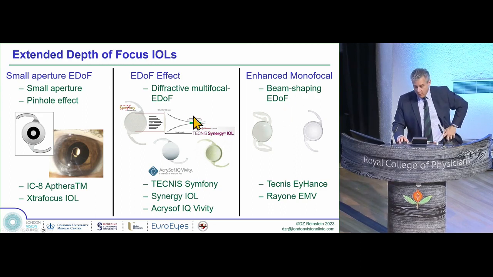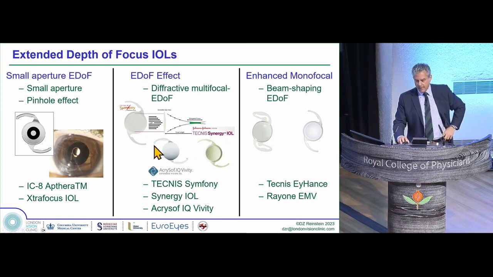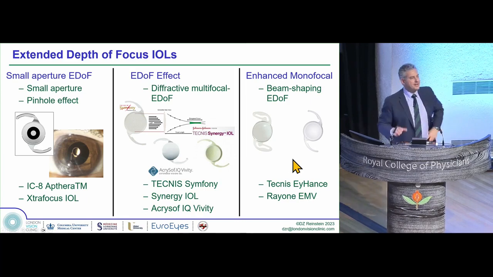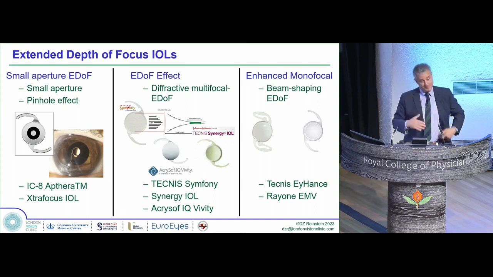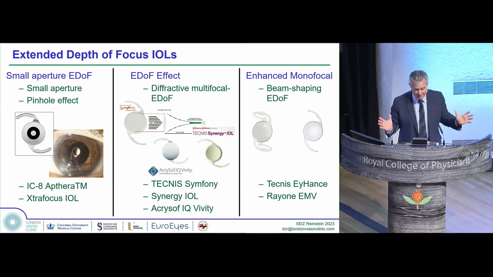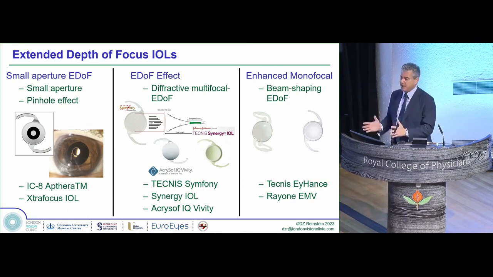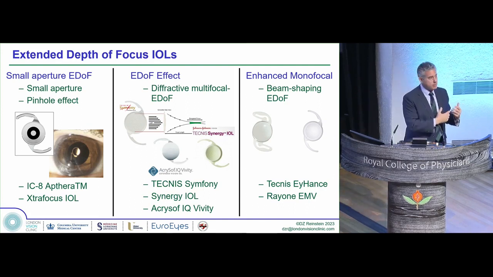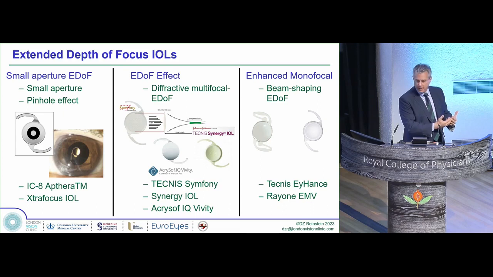And on their website, the Vivity is in the enhanced monofocal category because, who makes the Vivity? Is it Alcon? Yeah, so Alcon, they're a great marketing company. If I got a PhD in marketing out of Harvard, I want to work at Alcon because I want to work at the company that has the best marketing.